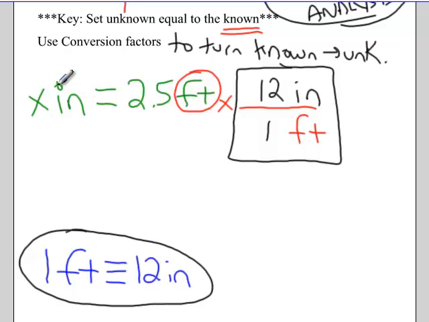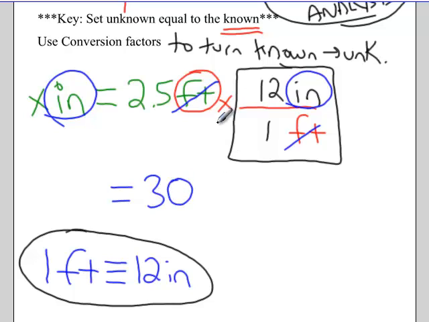That's important because I'm not multiplying the left-hand side by anything. The only number I can multiply the right-hand side by and not change the value is by multiplying by 1. This looks like it doesn't equal 1. It looks like it equals 12. But because of the units, 12 inches matches 1 foot exactly, this fraction does equal 1. And when I multiply through, the feet are going to cancel, and I'm left with the unit I want, which is inches.